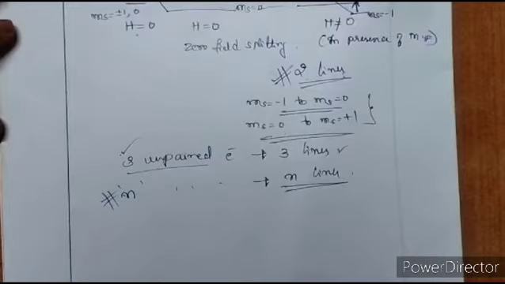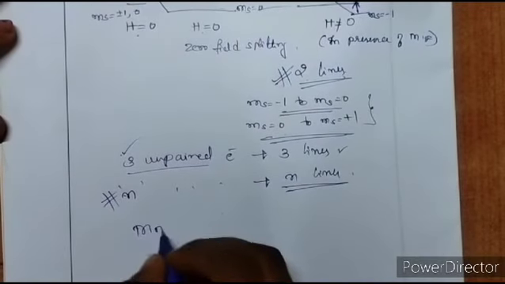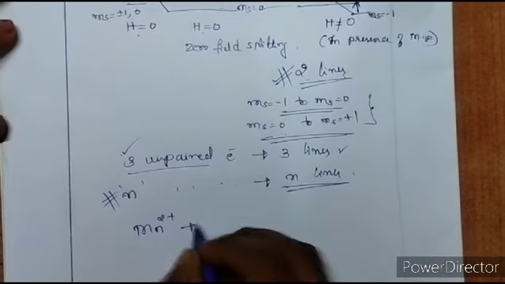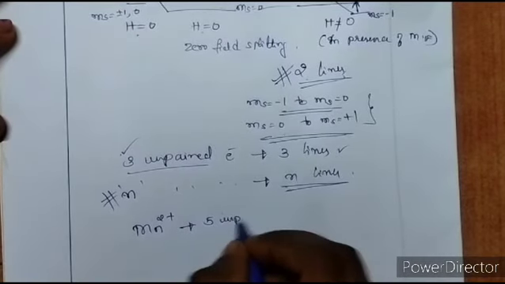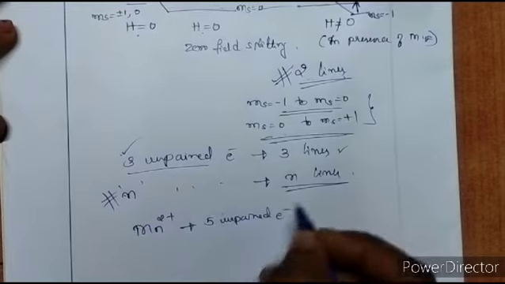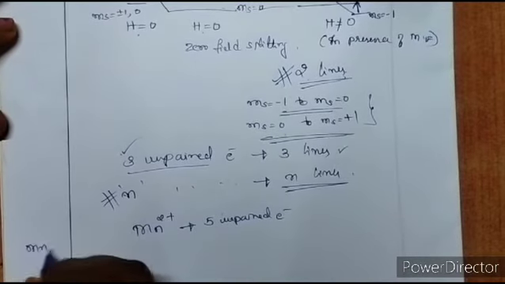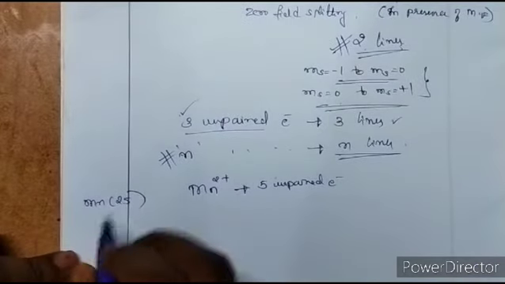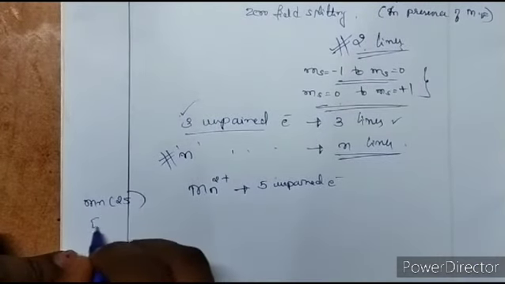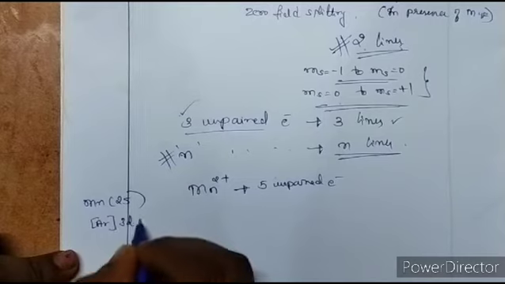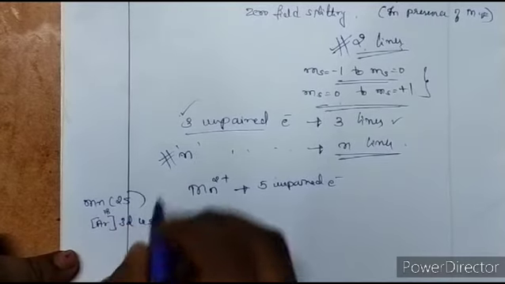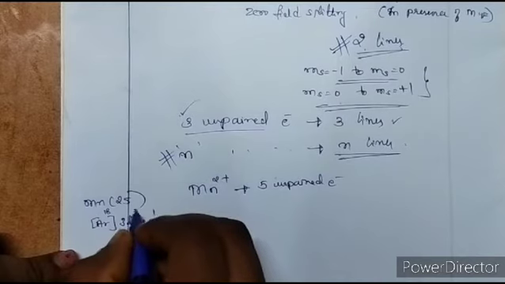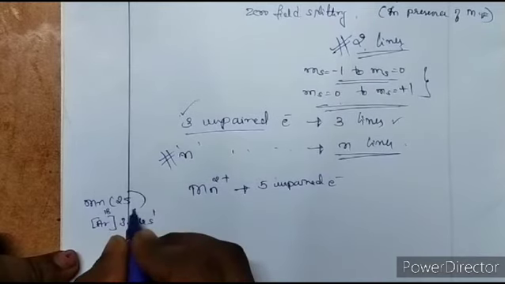Now consider the example of Mn2+. This is a transition metal ion and it contains 5 unpaired electrons. Mn has atomic number 25. If you write the electronic configuration, you get argon 3d5 4s2, that is 18, 19, 20, 25.